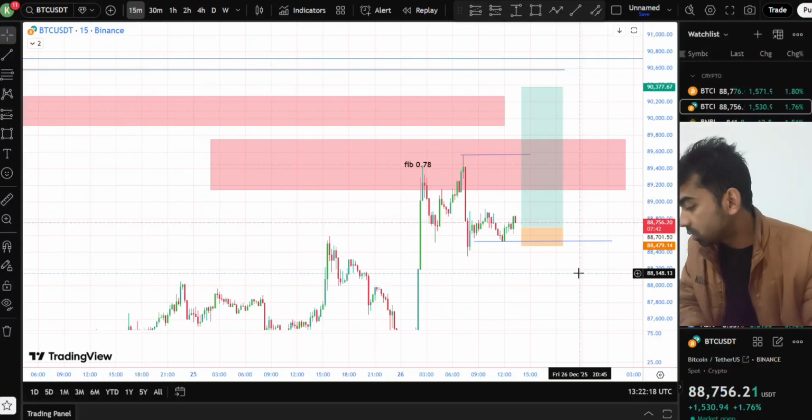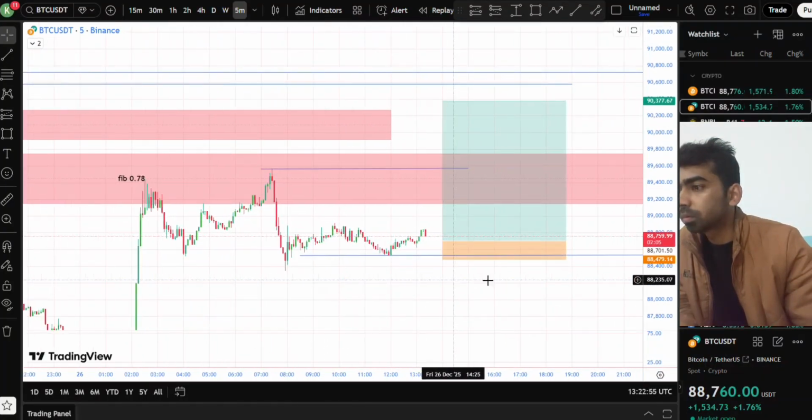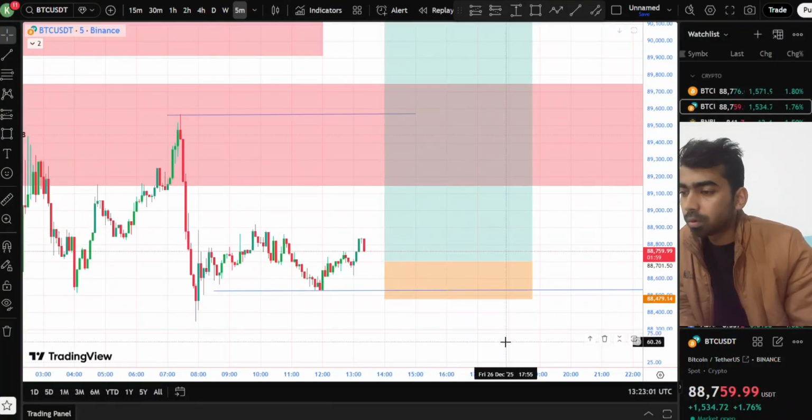My SL is almost close to this buy price.